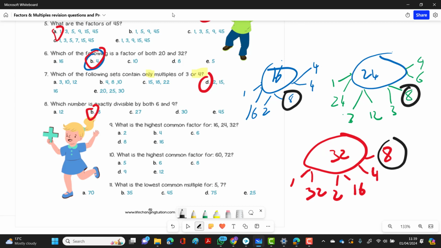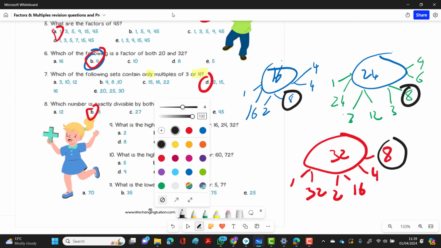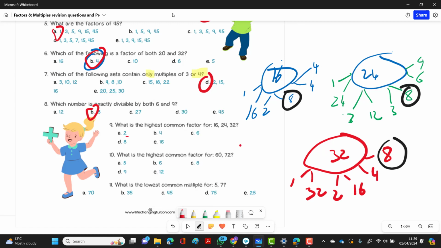Yeah, it looks like it's 8. So number 9 should be D. Yeah, good.